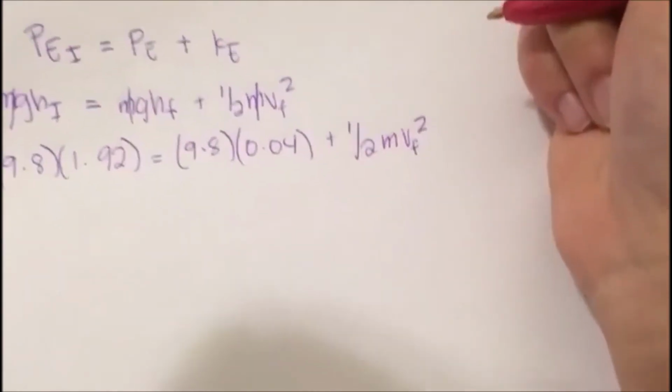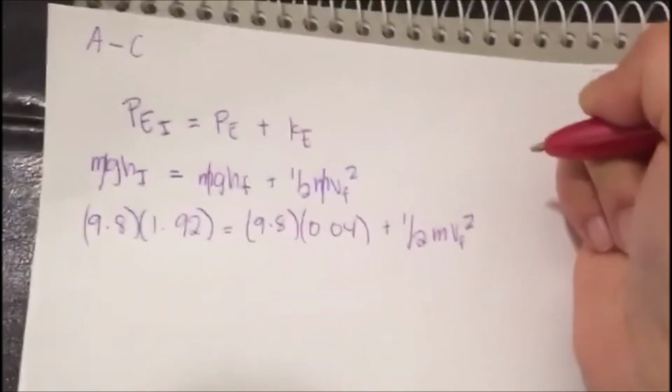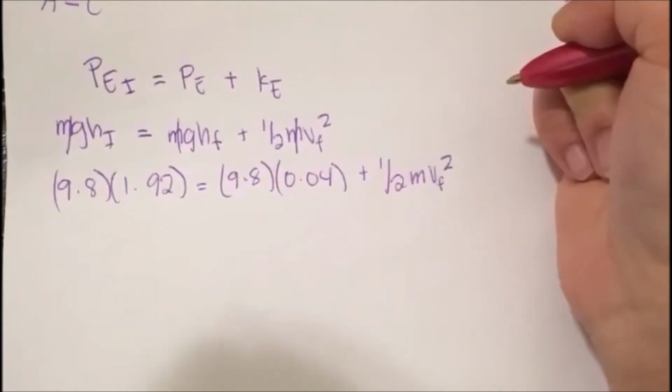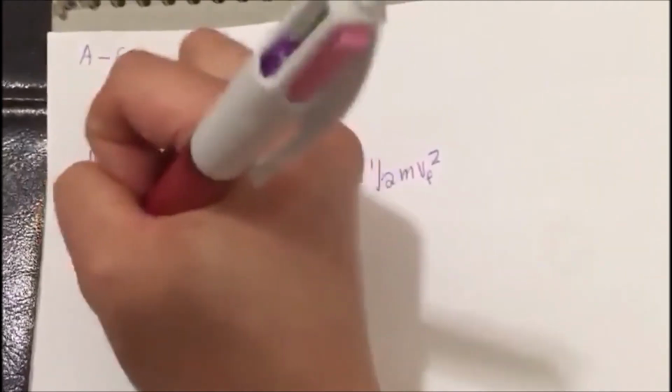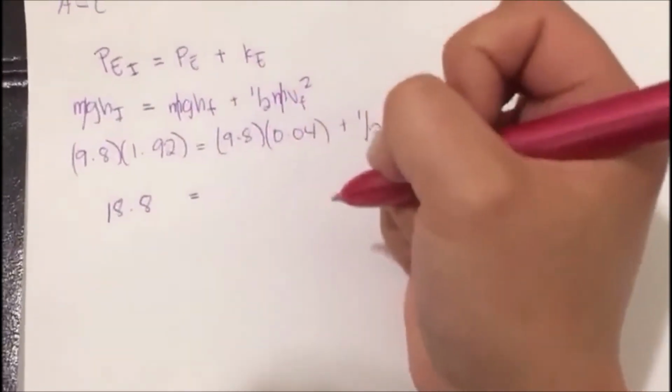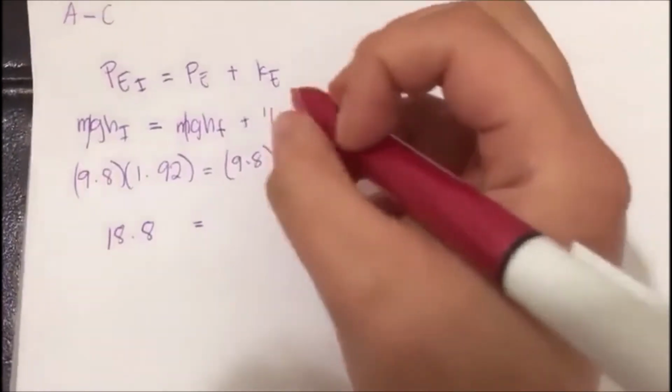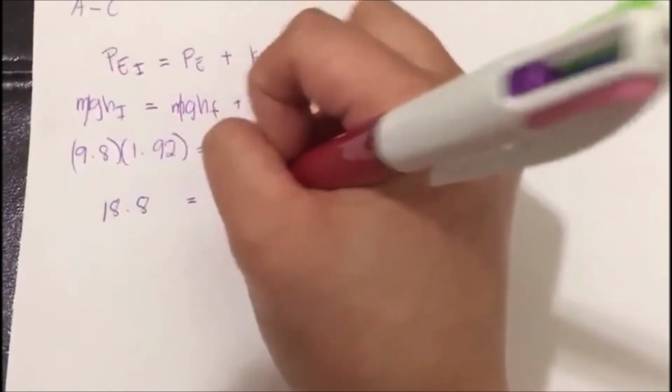The difference between part B and C is that we're looking for the final speed now. So 9.8 times 1.92 is 18.8. And that's equal to 9.8 times 0.04, which is 0.392.